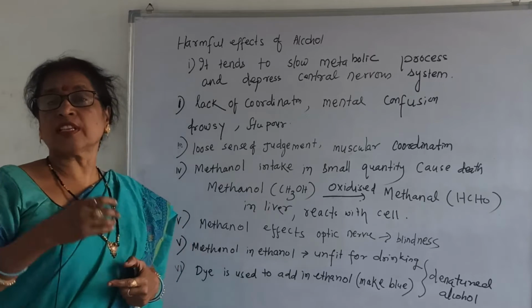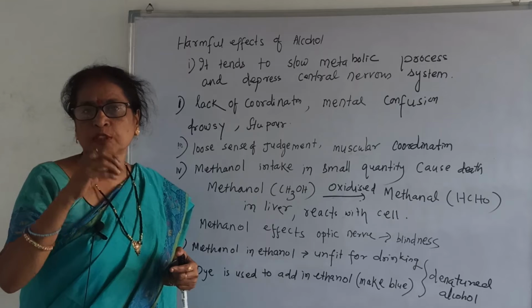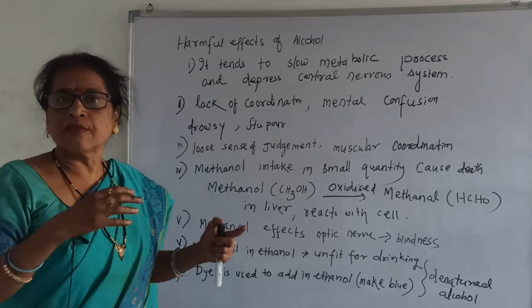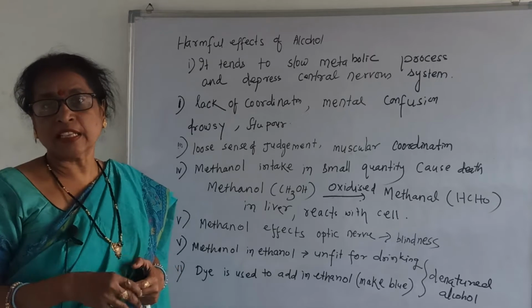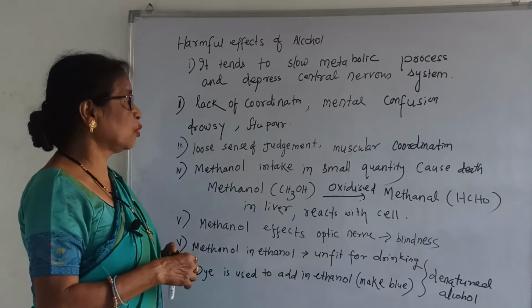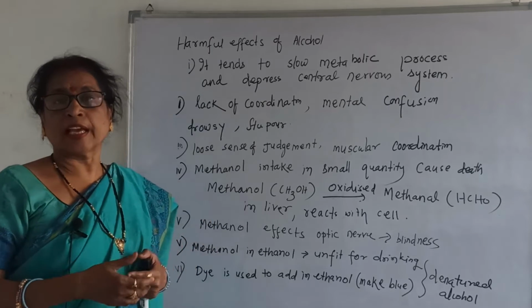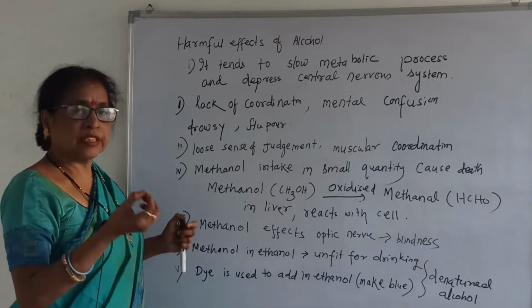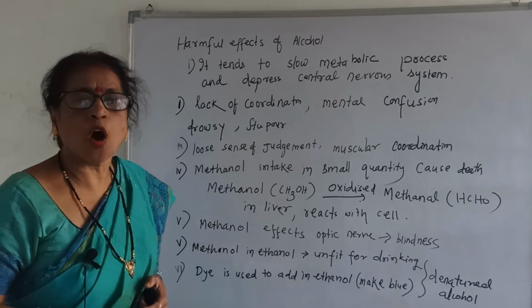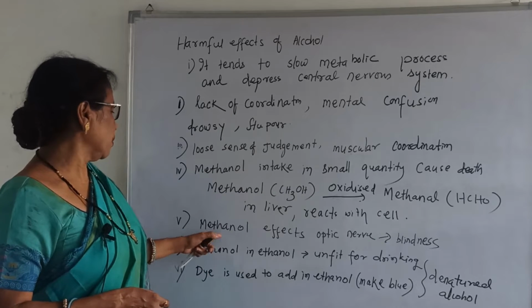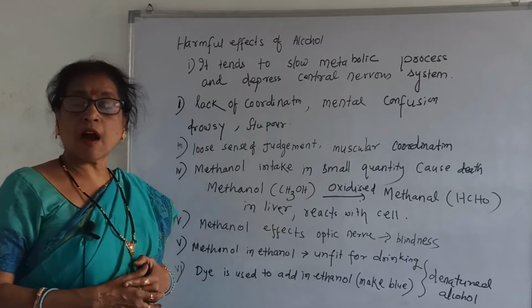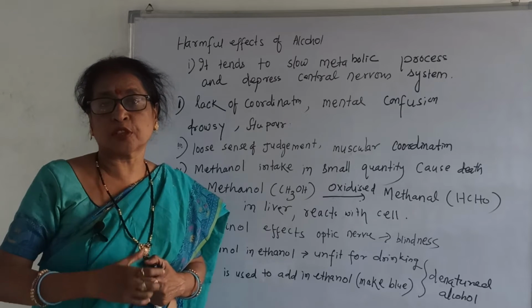that means it destroys that area. Suppose it attacks the liver, then the liver cell components will be damaged. So it is very harmful to the body, because one can die easily by taking a small quantity of methanol. Methanol also affects the optic nerve, the eye nerve system.